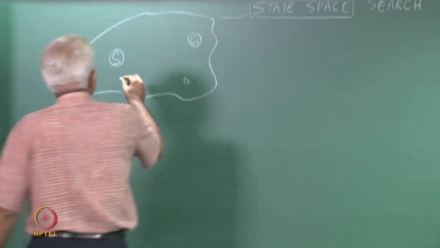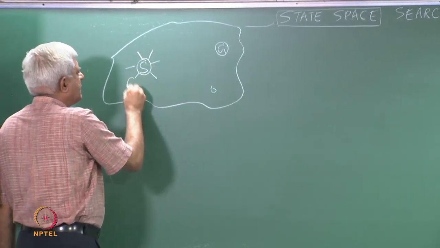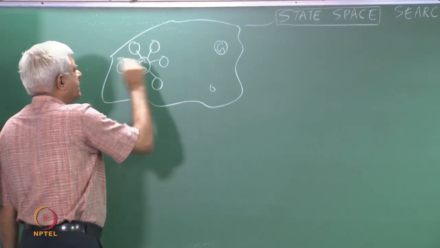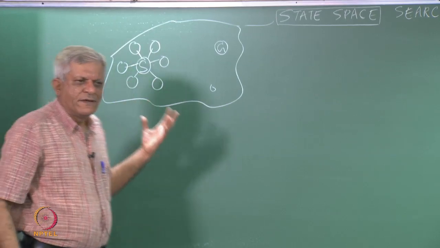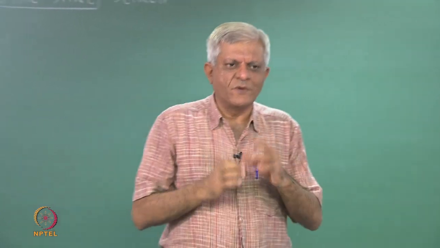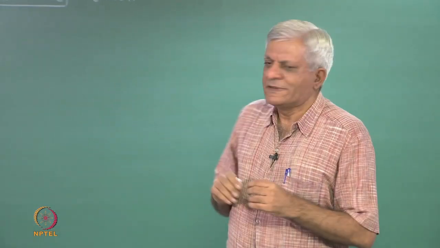So, we will model this process as moves which take you from one state to another state. In this case I have drawn 6 states. So, if some problem has 6 moves you can make in a given state, then the graph would look like that.